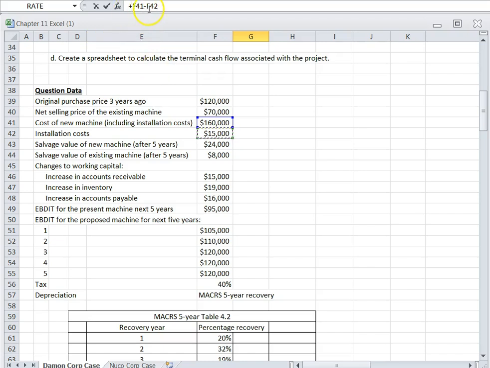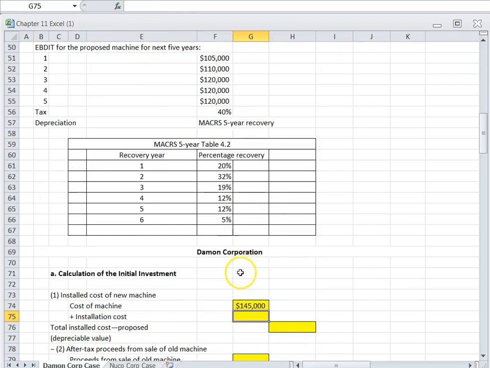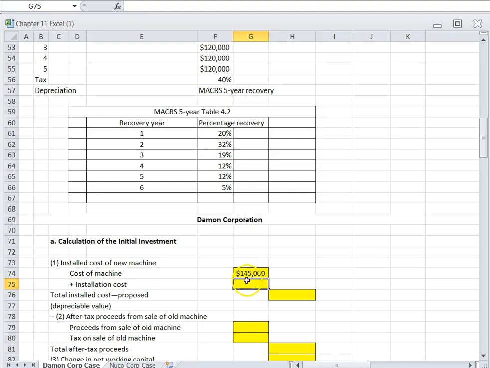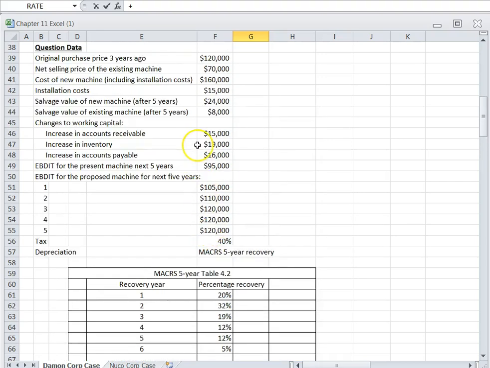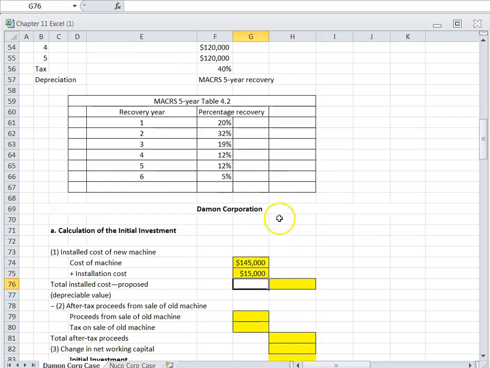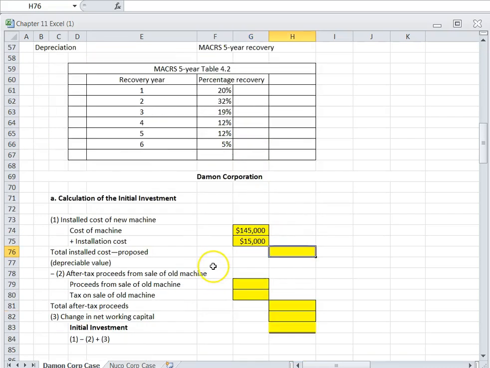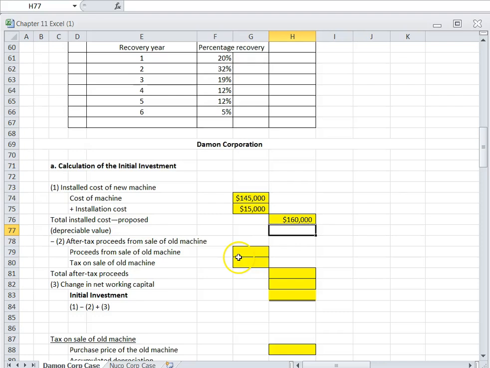So you see F41 minus F42, because this is the cost of the machine by itself, and then I can put the installation cost back down here. And then for the total installation, I'm just going to add these two cells. So that becomes the total proposed installation.